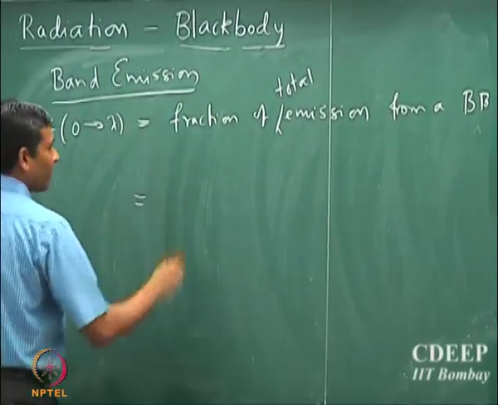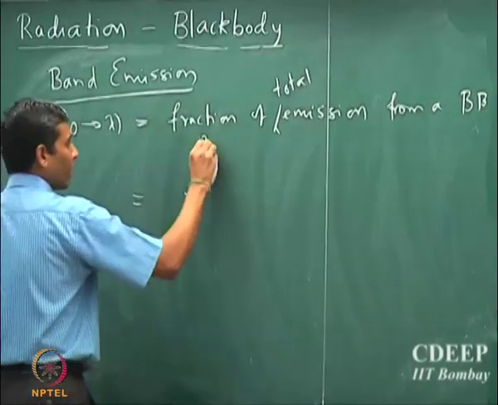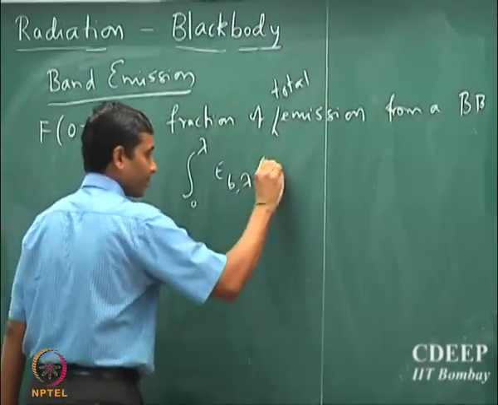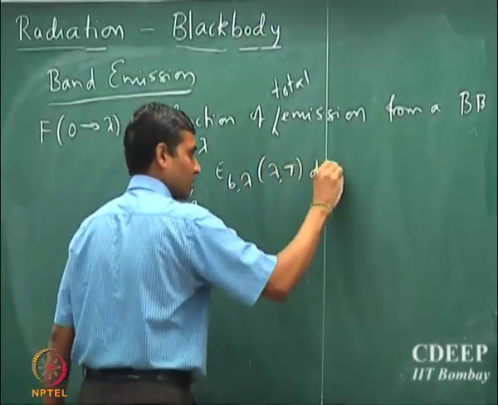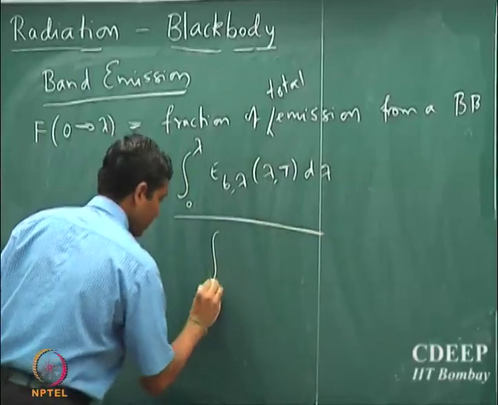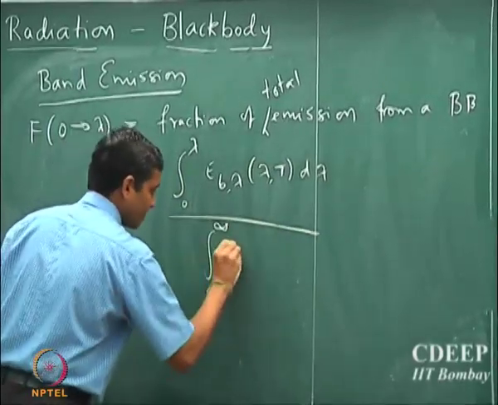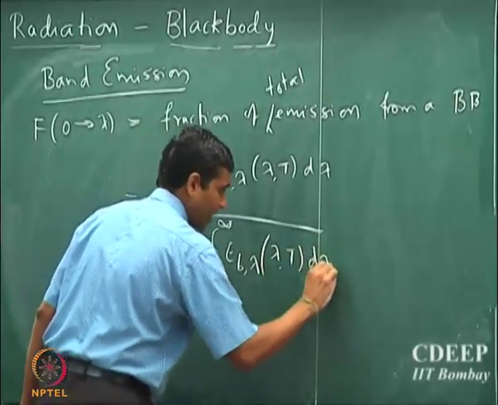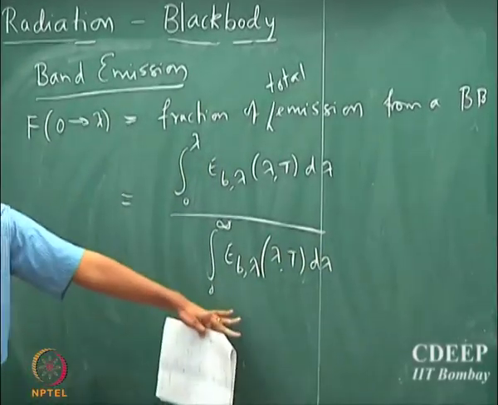So, simply from the definition, integral 0 to lambda E_B lambda d lambda divided by integral 0 to infinity E_B lambda d lambda. What is the denominator?